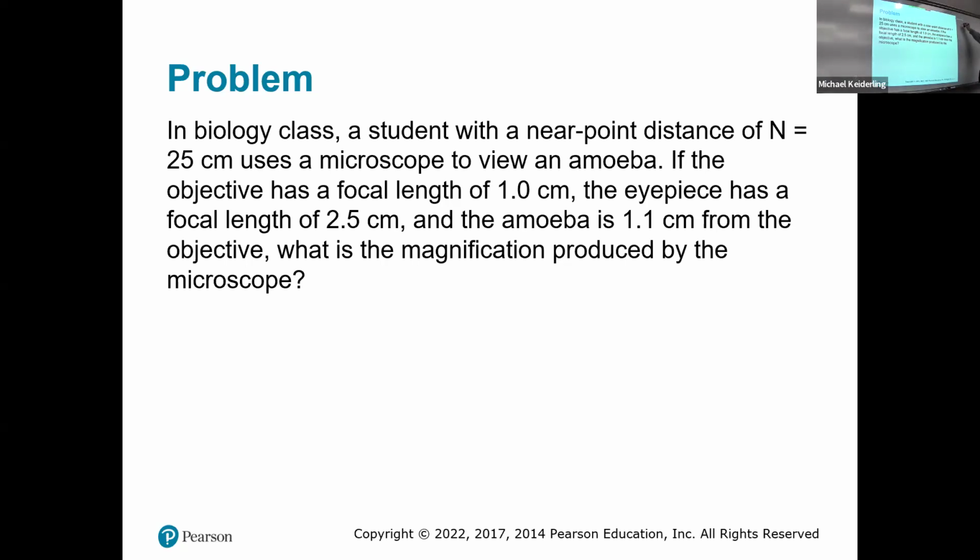The magnification of a microscope is going to be minus di over the focal length of the objective times the near point of the eye over the focal length of the eyepiece. But we have to find di: 1 over di plus 1 over do equals 1 over the focal length, in this case of the objective.